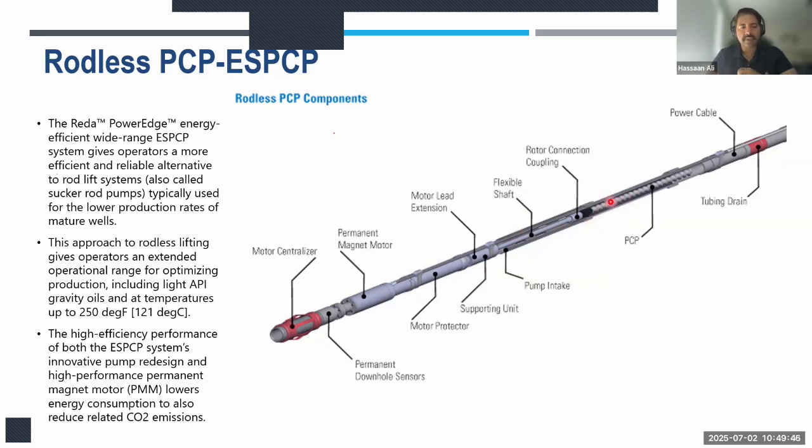So that improves the gas handling of the PCP. It's not a very common technology as of now. This is considered premium, and there have been some deployments, but it's not very commonly found.